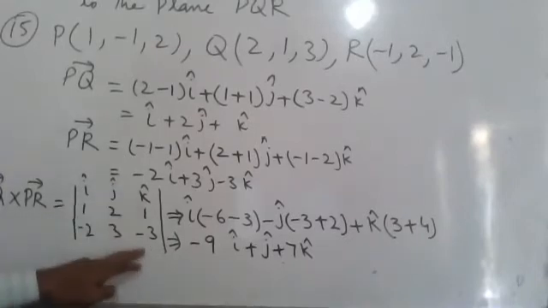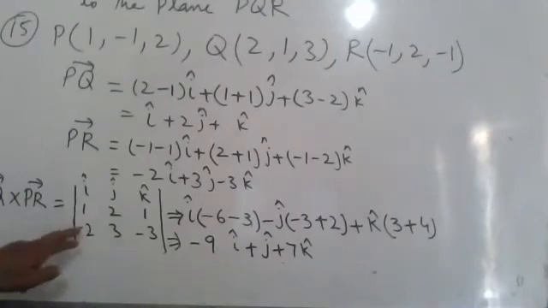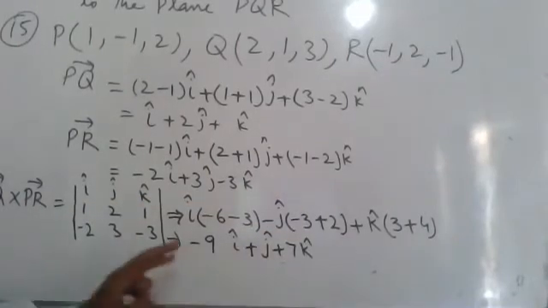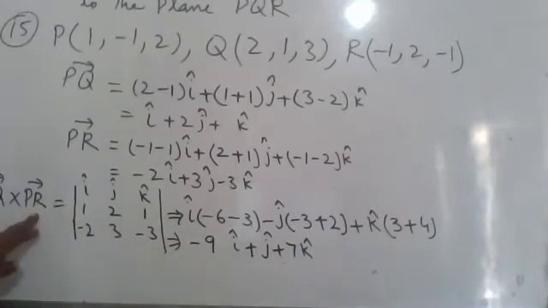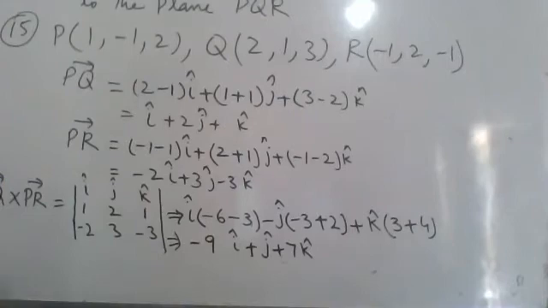Plus now k: 1 into 3 will be 3 and minus 2 into minus 2 will be plus 4, so this will be 7. PQ cross PR will become minus 9i plus j plus 7k.